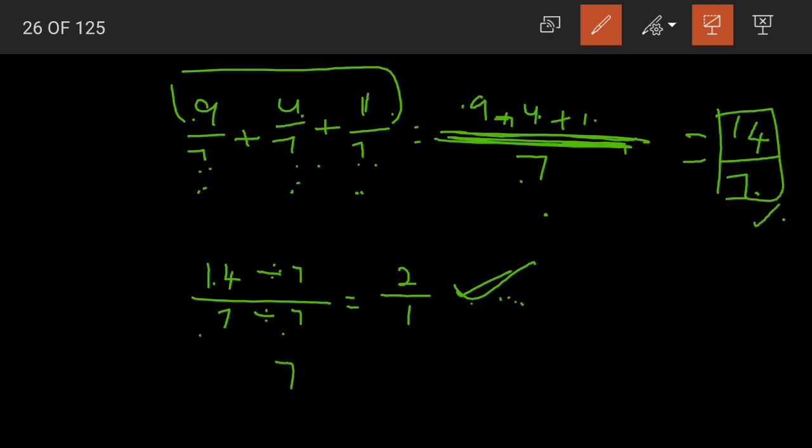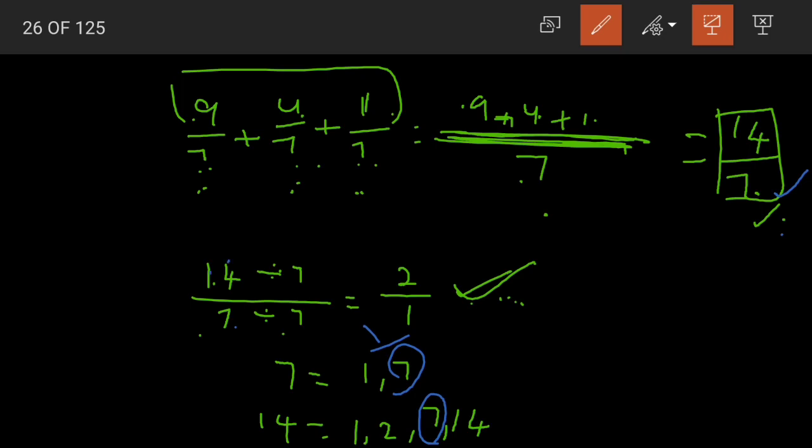Yes, if we look at the factors of 14 and 7, the factors of 7 are 1 and 7. The factors of 14 are 1, 2, 7 and 14. The highest common factor is 7 here. That means this fraction can be reduced to its simplest form.